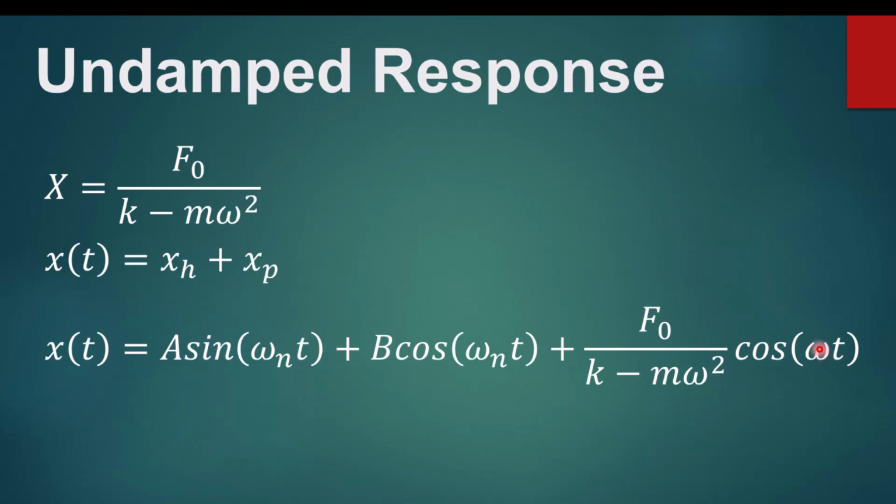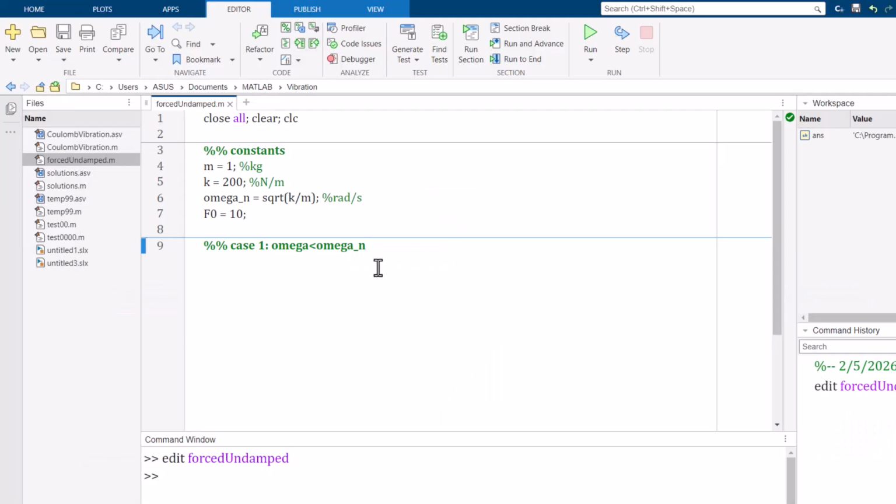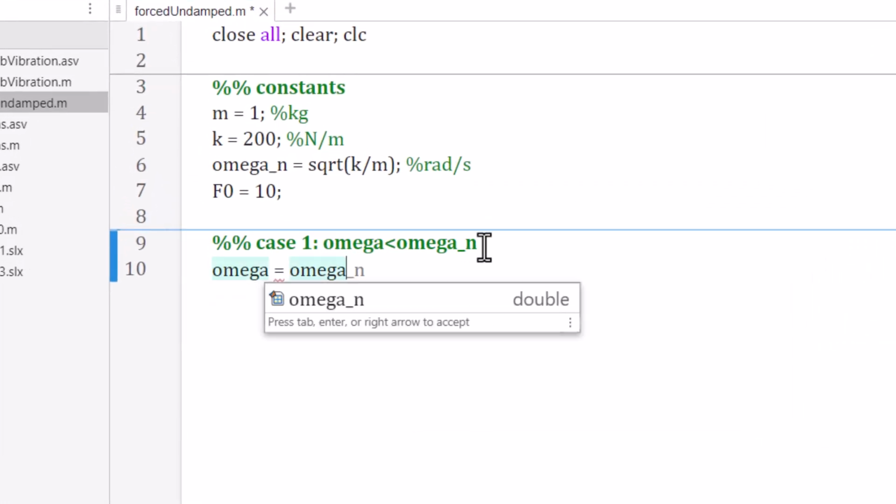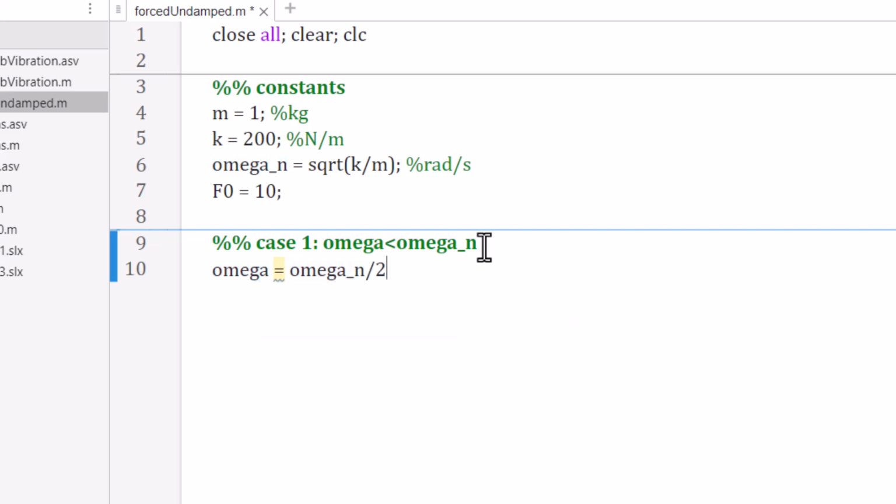And the other one is the external force frequency, which is denoted by omega. So we have to compare omega and omega n. And that's why I'm assuming 3 cases. Case 1 is omega is smaller than omega n. So I take omega to be, let's suppose, half of omega n.